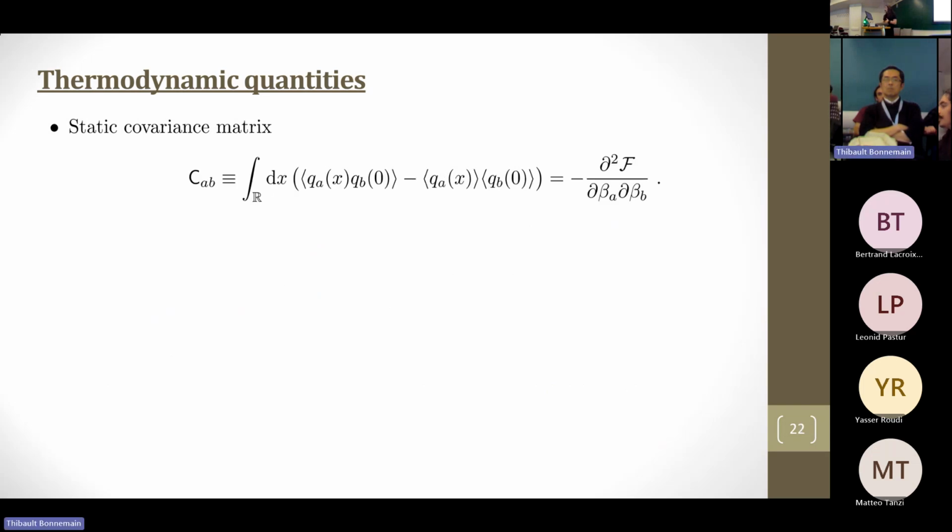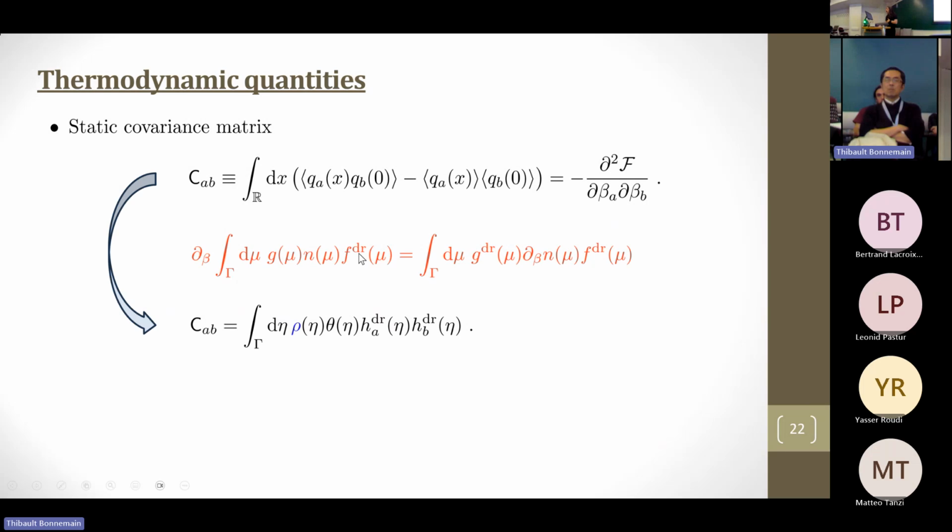Okay. Perhaps more interestingly, we can also compute the static covariance matrix, which is the integrated connected correlation function here, obtained by differentiating twice the free energy density. Okay. And again, using another nice identity involving the dressing, we end up with this fairly compact expression, which again involves dressed charges as well as the density of states.